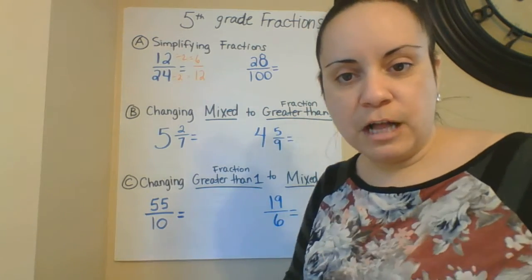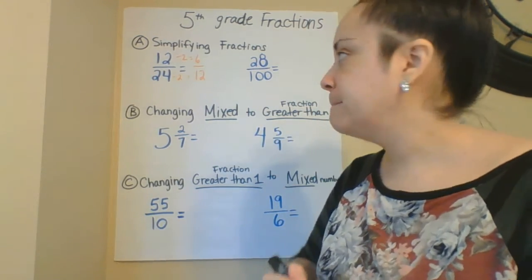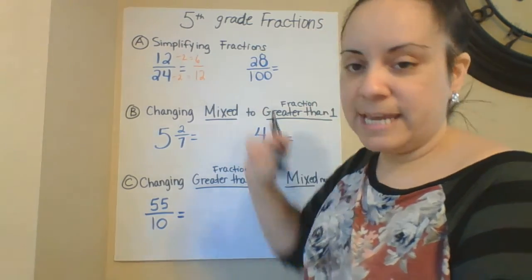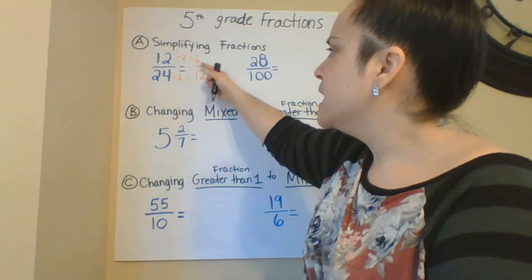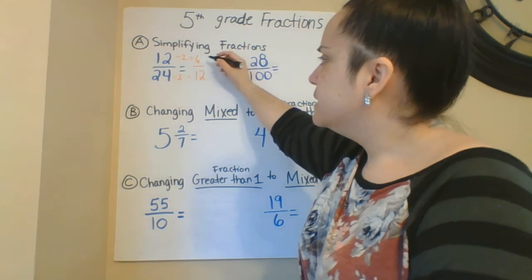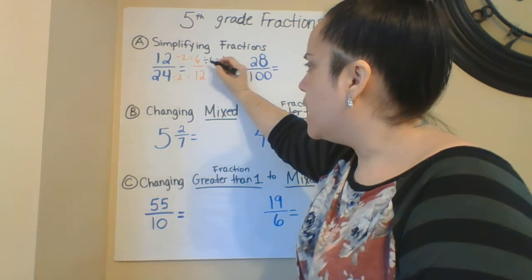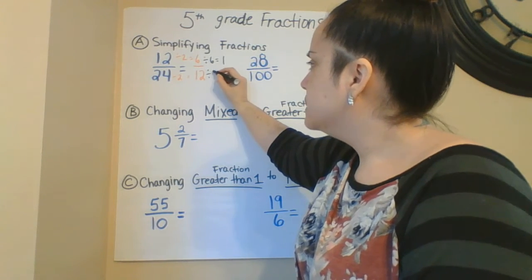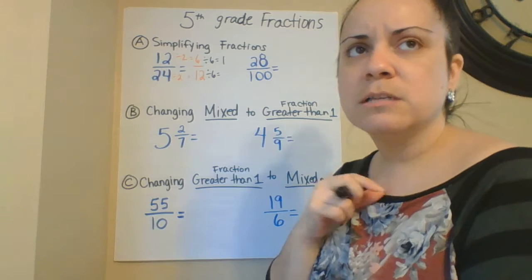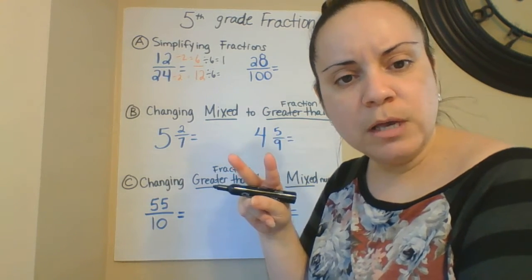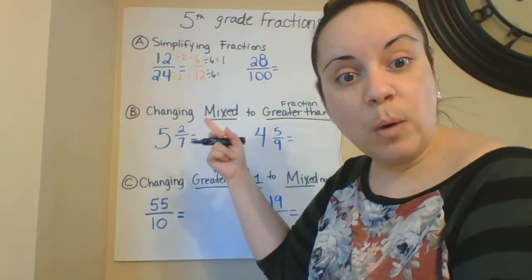Let me use a different color marker so you can see better. Now I have 6 over 12, but I can keep going. 6 divided by 6 equals 1. 12 divided by 6 equals, what is 6 times 2? 6 times 2 is 12.